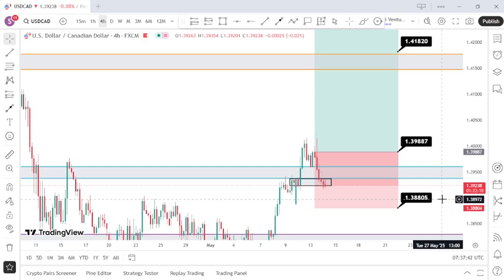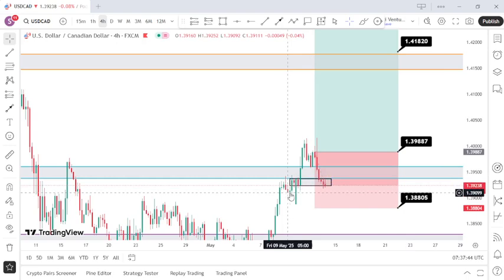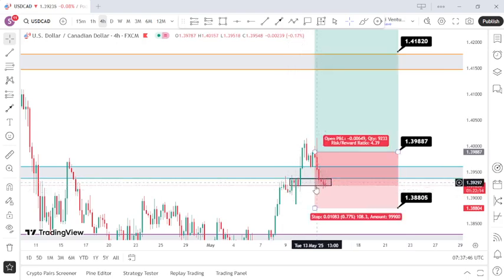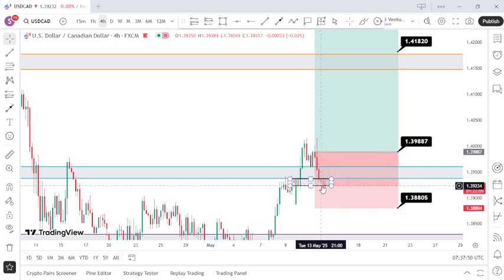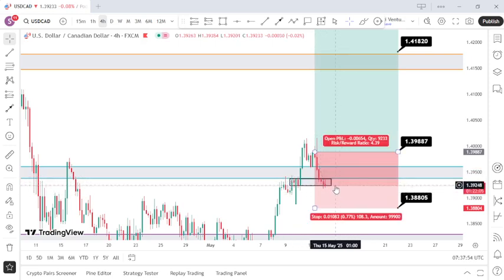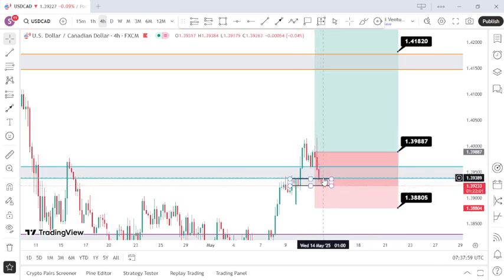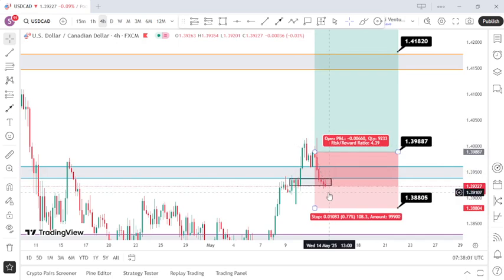But where price is at currently, if you get a candle confirmation here, you can still buy, like maybe a morning star, a significant pin bar, or a bullish engulfing. If you see it at this particular zone, you can also buy. And when I see one, I will buy. So just be on standby.